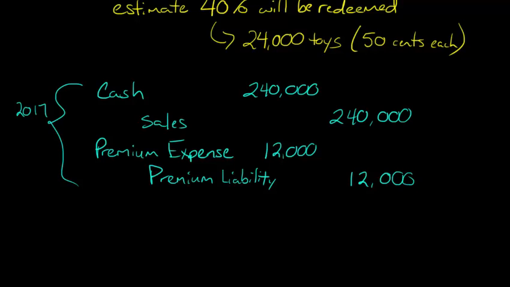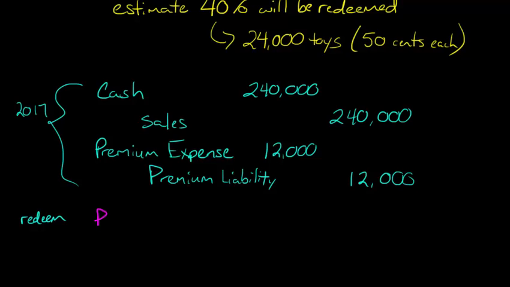We're going to reduce this liability account by $3,000. If we think about this as a T account and we've got $12,000 on the credit side, we're going to have to make a debit to the liability as people redeem these cereal labels, or excuse me, granola labels.